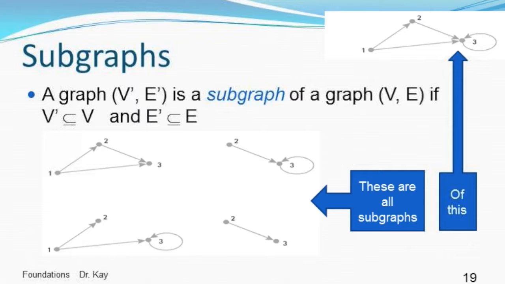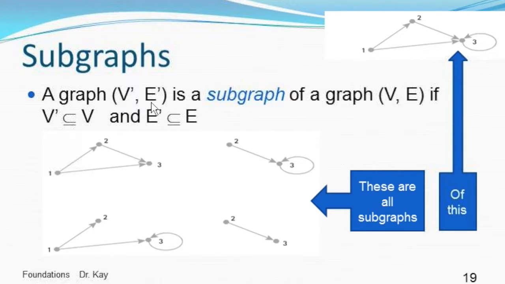There's also a concept of a subgraph. So here's the definition: a graph. And here's a graph. Remember, now our graphs are just a pair. In this case, I'm calling the pair V prime E prime. I could have called it something else, but we need to talk about 2 different graphs here, the subgraph and the graph. So we'll call the subgraph V prime E prime.